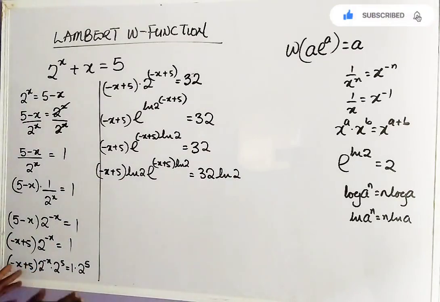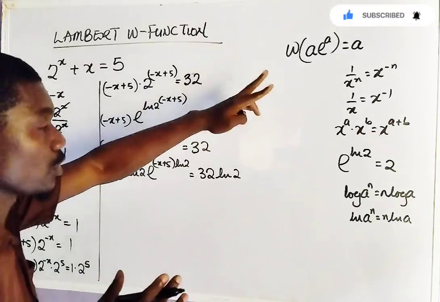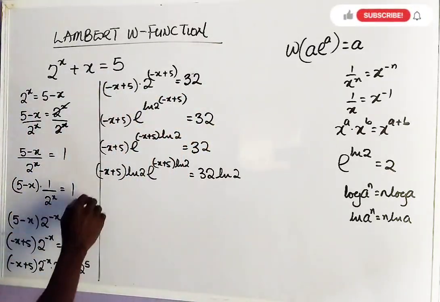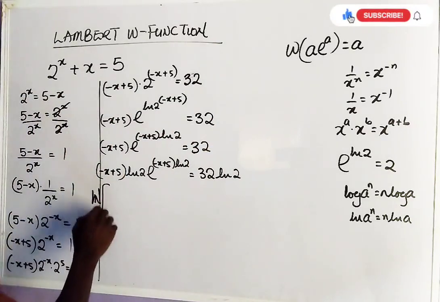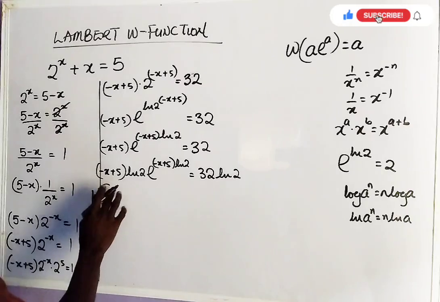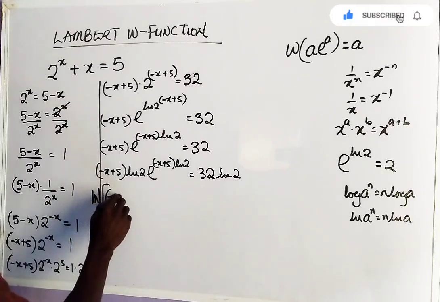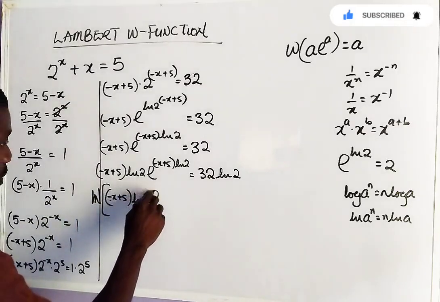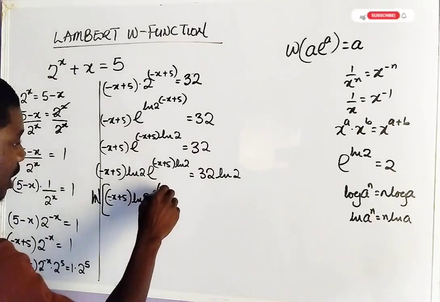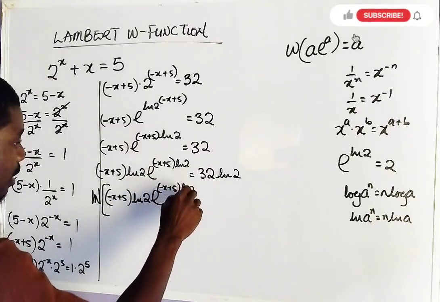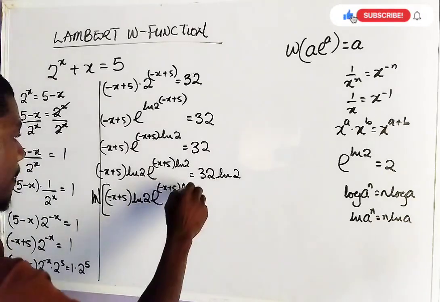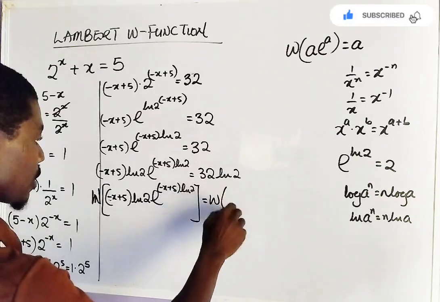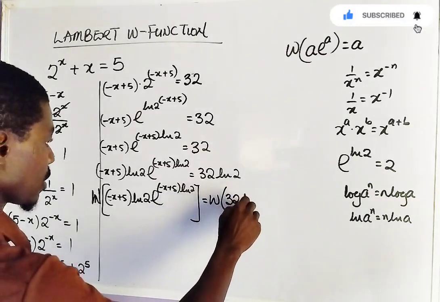So what we need to do now is to introduce the Lambert W function, that is W. Then here you have minus x plus 5 ln 2 e to the minus x plus 5 ln 2, close bracket, then equals W of 32 ln 2.